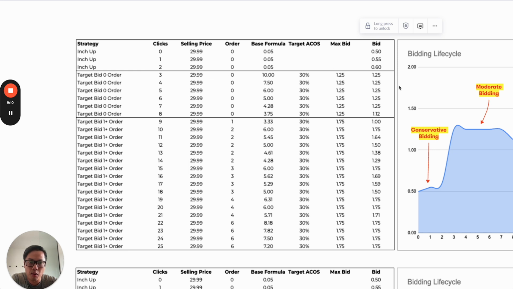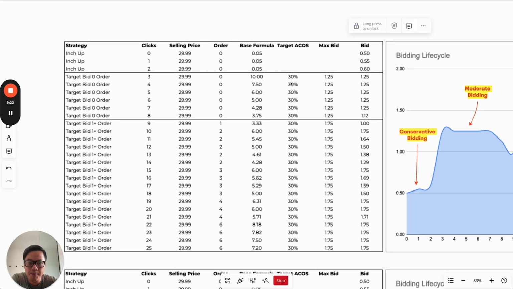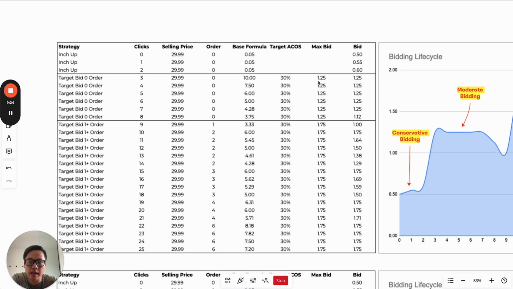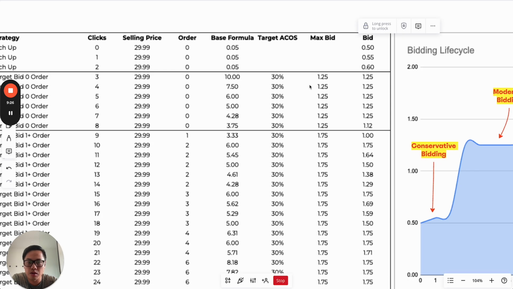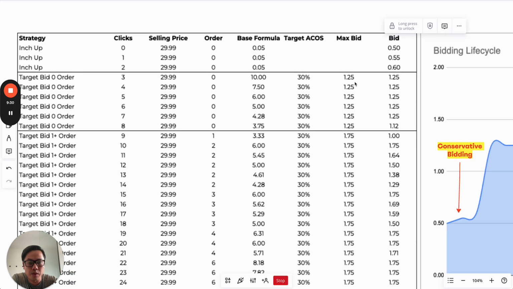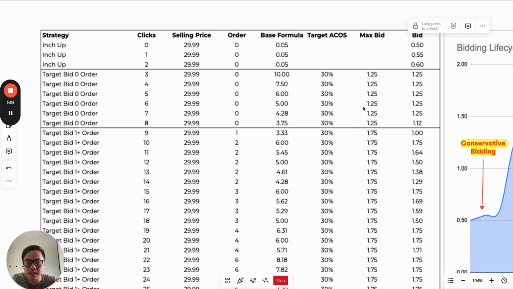So when I get to that point, then it's like, okay, I'm at the point where I can get some traffic now. I'm going to start to moderately bid. By moderately bid, I'm applying that revenue per click formula, and then I end up getting a number that's not $1.25, so it's going to be higher than that. So when we do this, we're going to apply a max bid. Max bids on these strategies, it's the same concept.